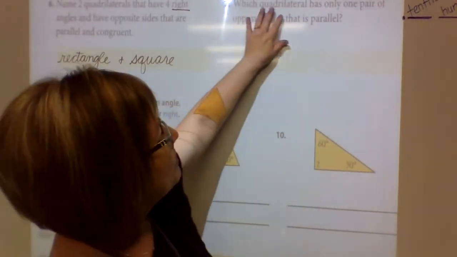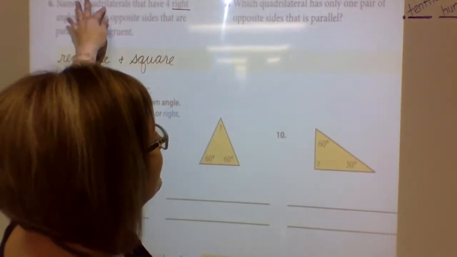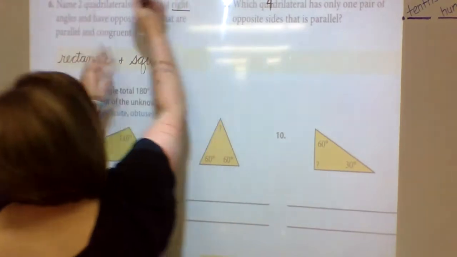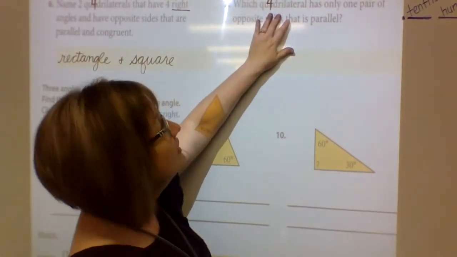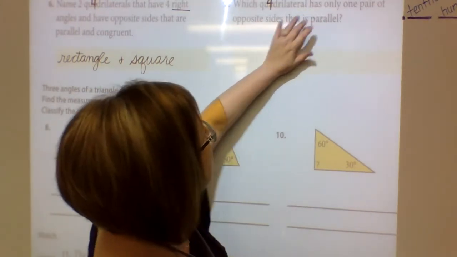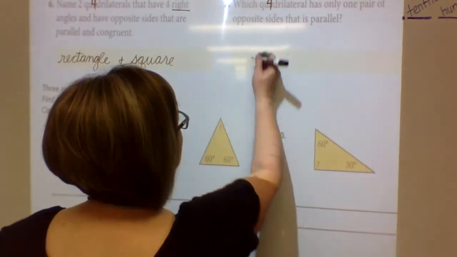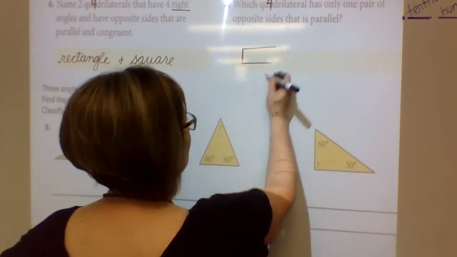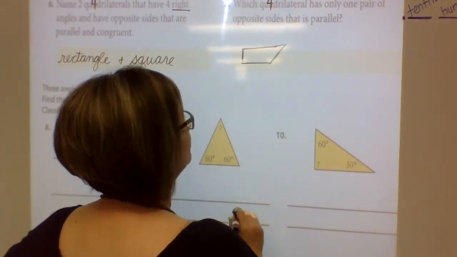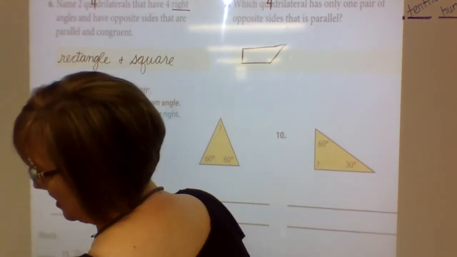Okay? 7, which quadrilateral? Quad means 4. So if it's a quadrilateral, it has 4 sides, but this one has only 1 pair of opposite sides that is parallel, and the others are not. Remember, that's the wonky little guy.